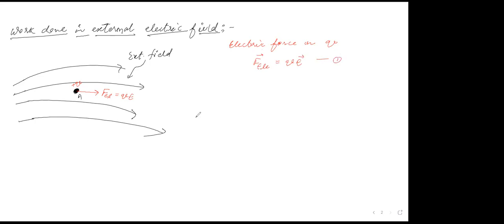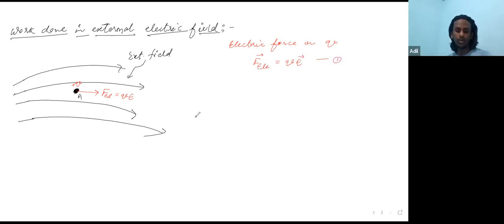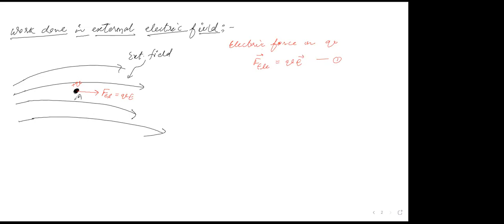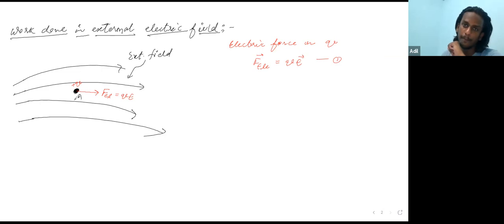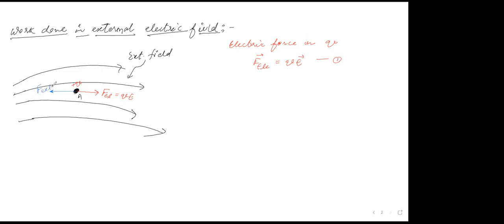And now, what will happen if you apply an external force upon this charged particle? We are going to apply an external force upon this charged particle in opposite to the direction of F electric. This is your F external.